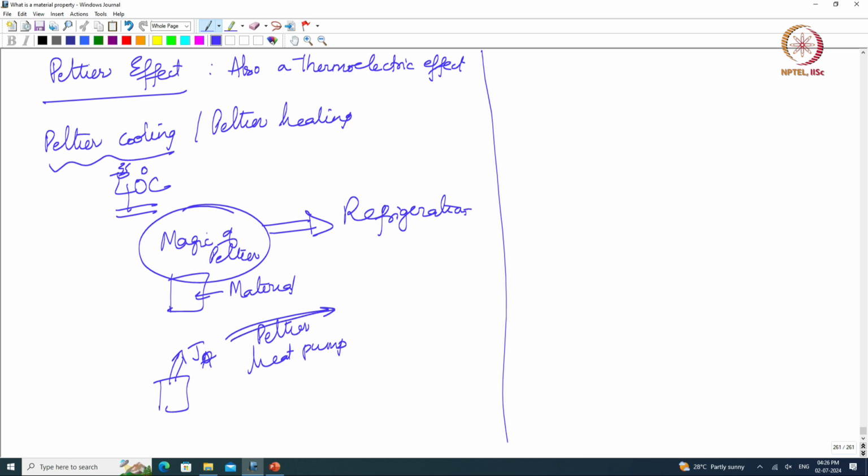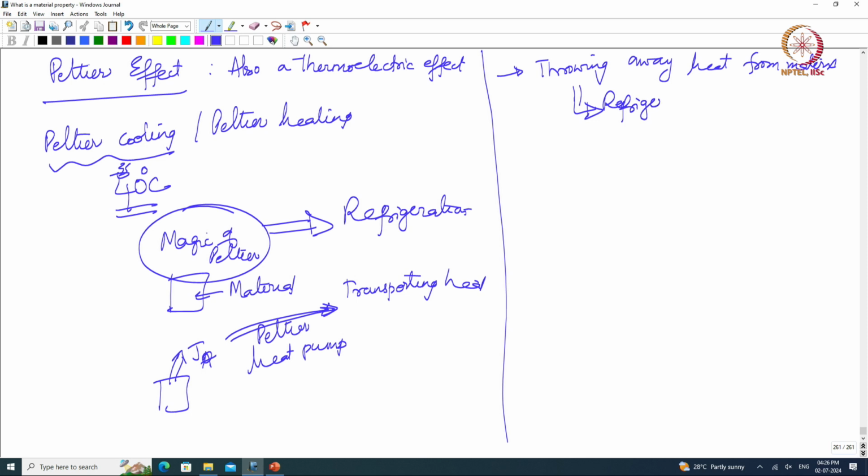So I'm throwing away heat from the material and thus I can refrigerate the material, or reduce its temperature.